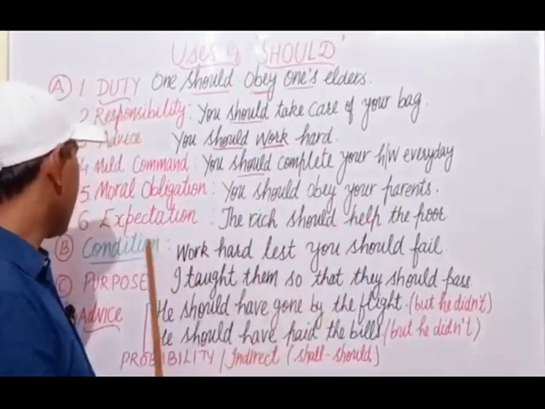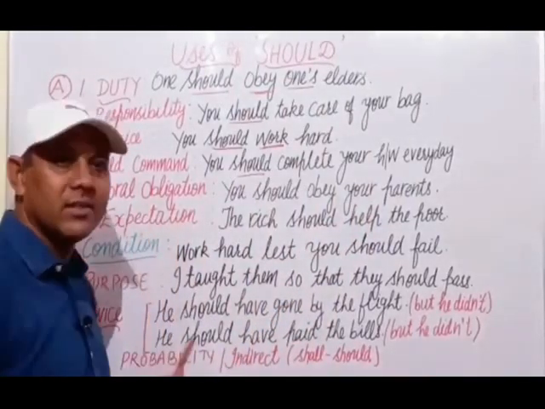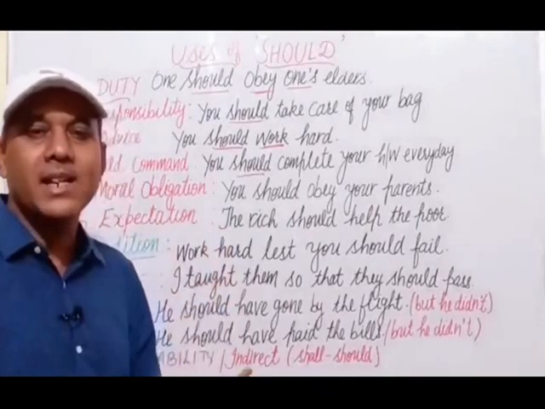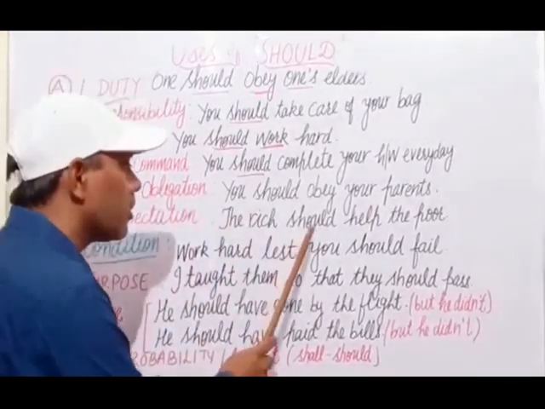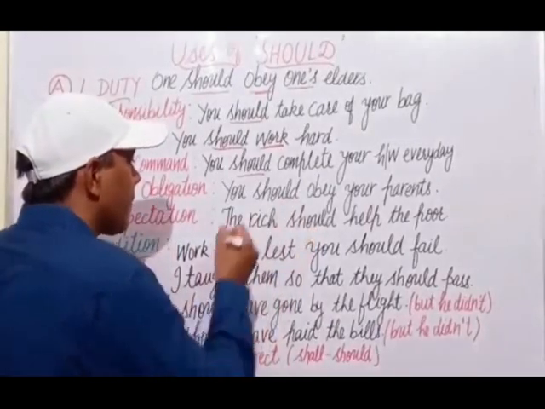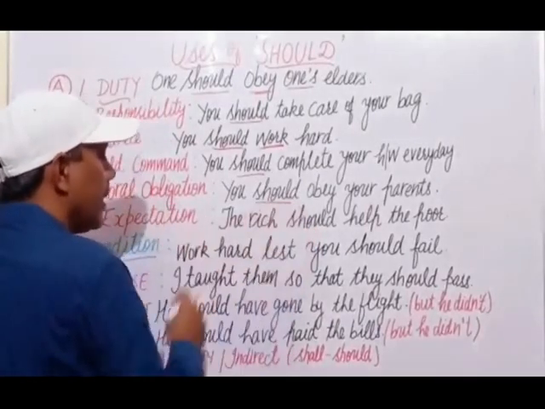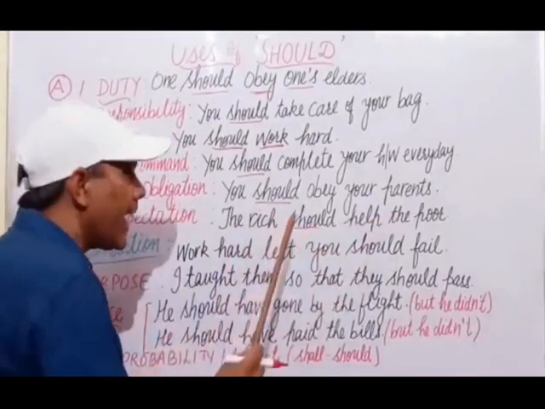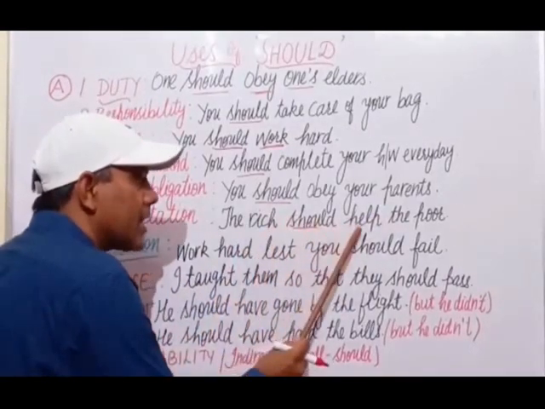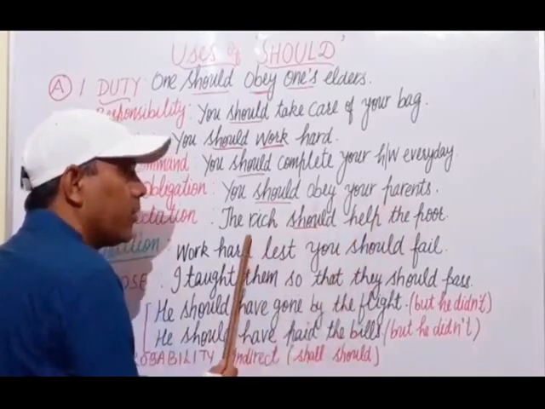The next is expectation. If we expect something from someone, then we use should. For example, the rich should help the poor. We expect this help for the poor from the rich.